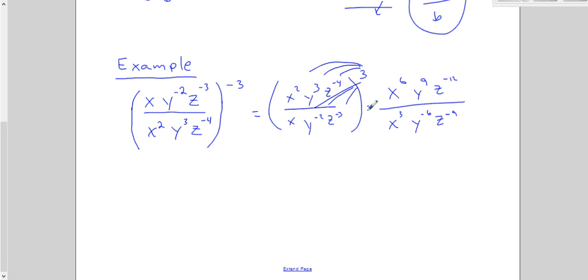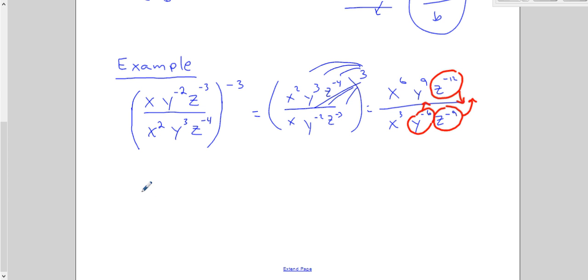Okay, now I'm going to look at what I have here. I've got some negative exponents. So anything that's got a negative exponent, I'm going to take that y to the negative 6 and move that up. I'm going to take this z to the negative 12 and move that down. I'm going to take this z to the negative 9 and move that up. The other ones are positive exponents. Those are going to stay the same.